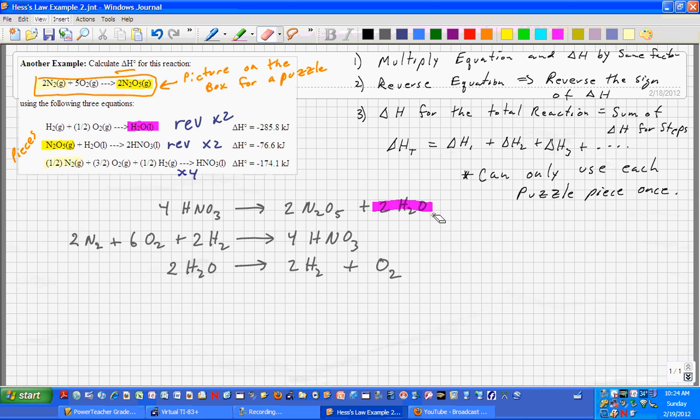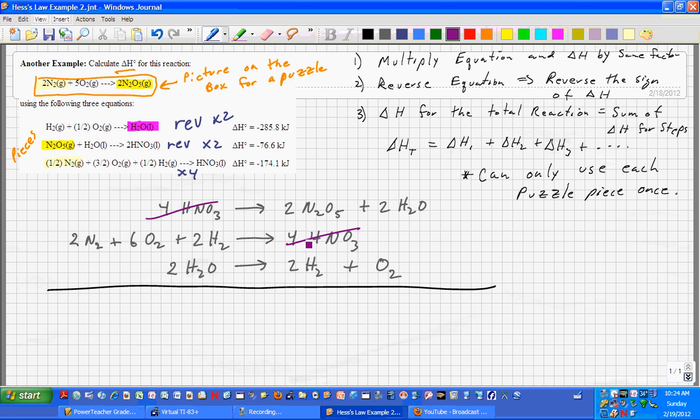All right, so at this point, we're ready to go ahead and do our cancellations. Here's what I've got. I've got 4 nitric acids on one side, 4 on the other. That goes away. I've got 2 hydrogens here, 2 hydrogens there.